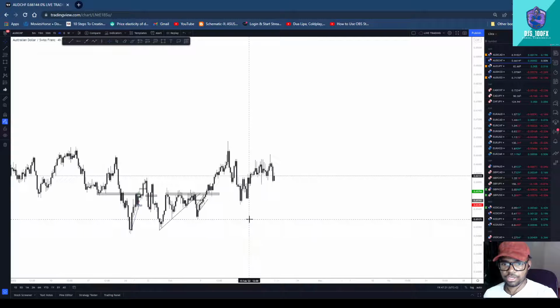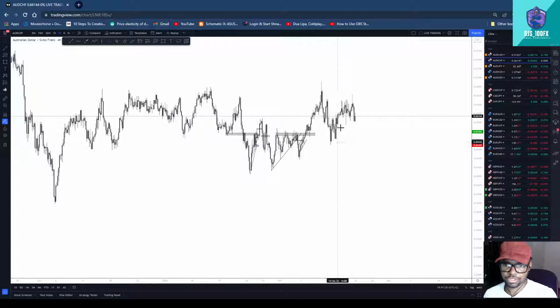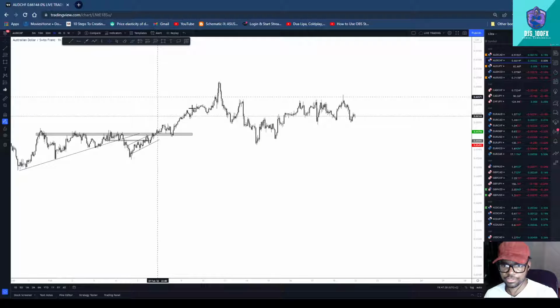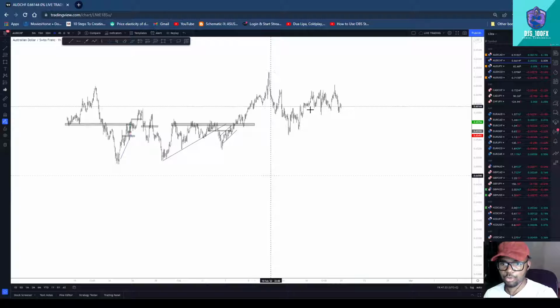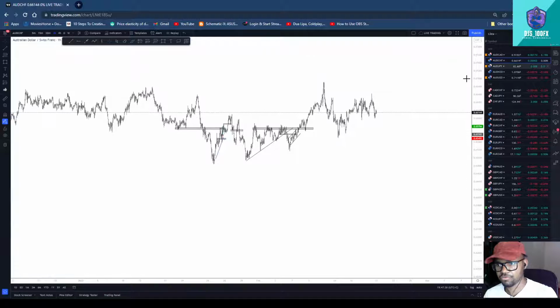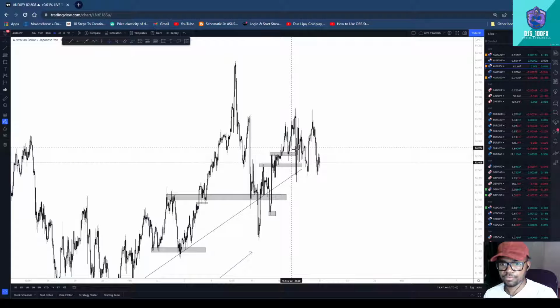So for the meantime, price could be moving up for quite some time, and then create a flag to continue this trend down, or break above these levels to then continue moving up until it reaches a level where price reverses. But there is nothing to look for here. As we can see, price is ranging.